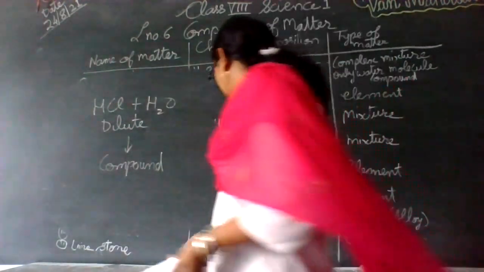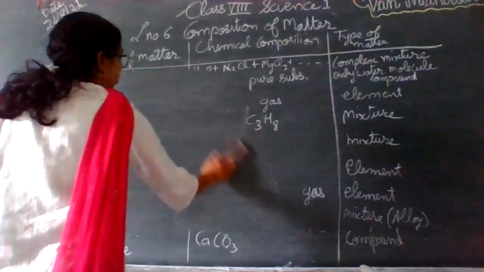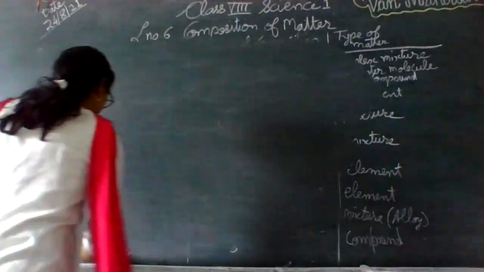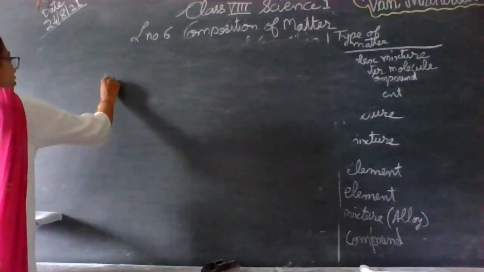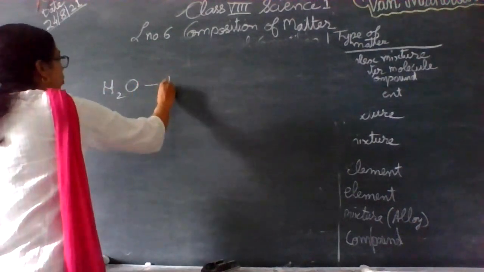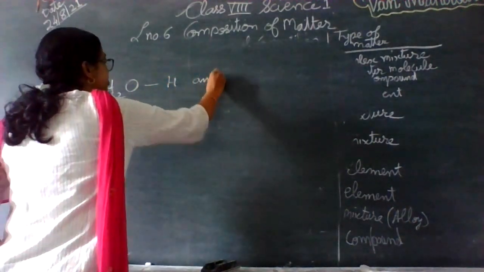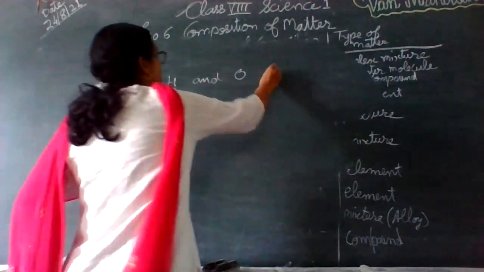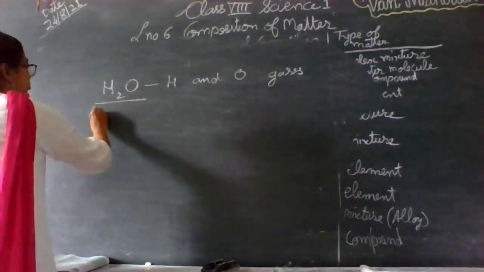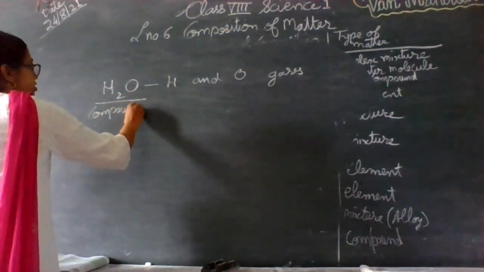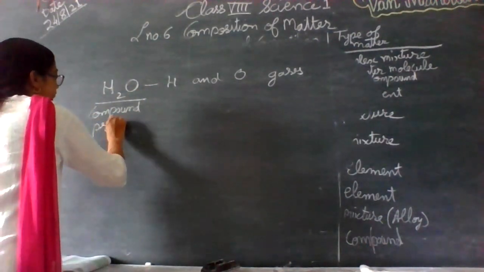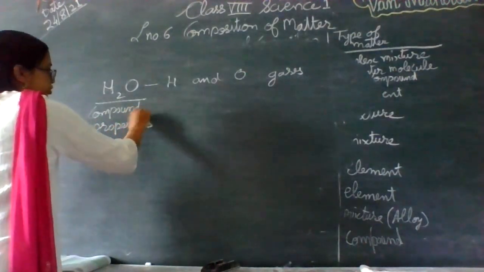After becoming a compound, the water molecule, though it is made up of hydrogen as well as oxygen, both of which are in gaseous form, once it becomes a compound, inseparable, in that case the properties totally changed.